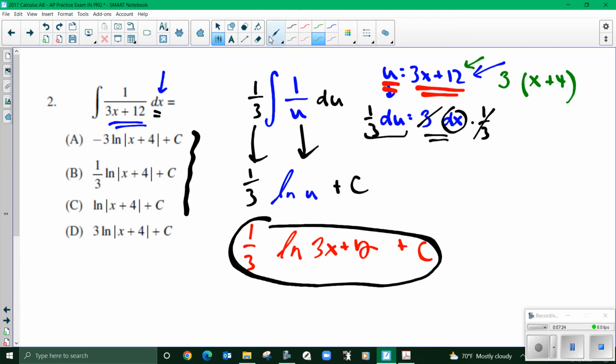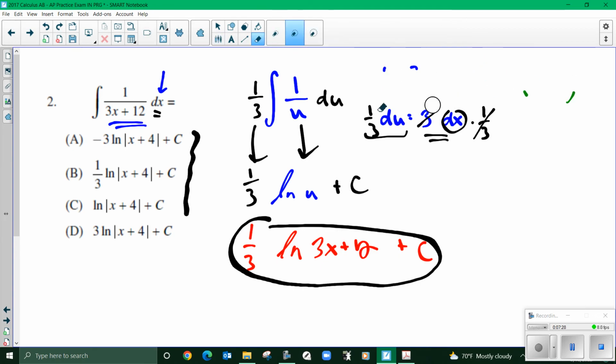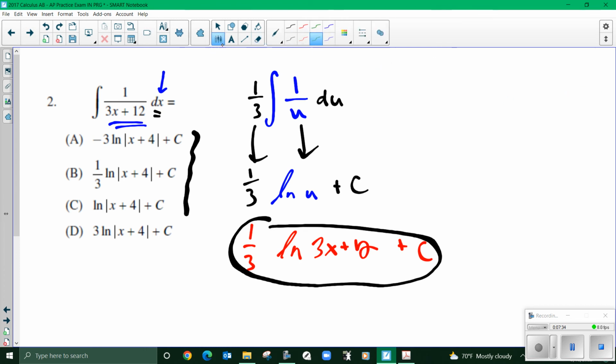Meaning, okay, they have the integration. They call that 1/3 times 1 over x plus 4.